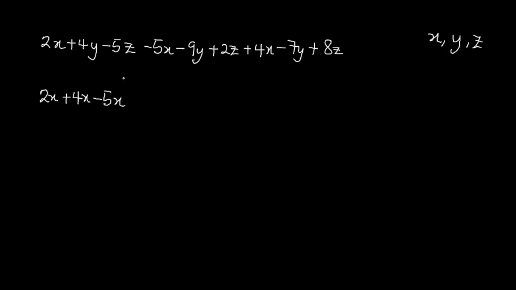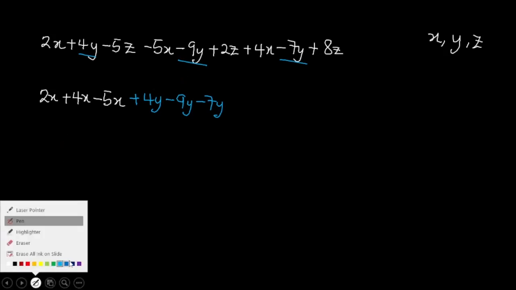Now I can go ahead and group the y terms. So the y terms, I have 4y, negative 9y, and then negative 7y. So I can go ahead and write plus 4y minus 9y minus 7y. Then I can now go ahead and group the z terms together. So let me use another color for that as well.